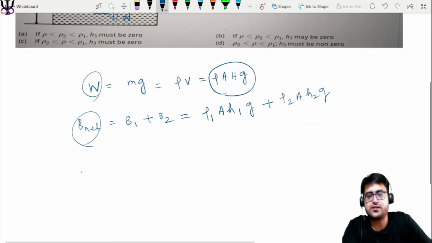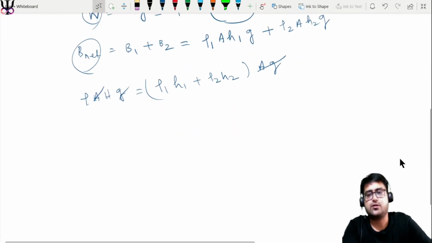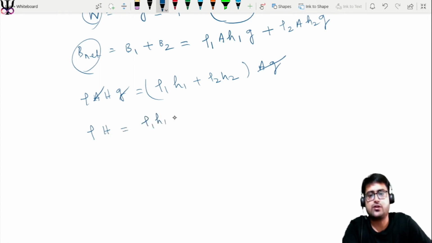In that case, it's going to be rho A H g equals rho 1 H1 plus rho 2 H2, times A g, right? So A and A g cancel from both sides. It's going to be rho times H equals rho 1 H1 plus rho 2 H2, correct?